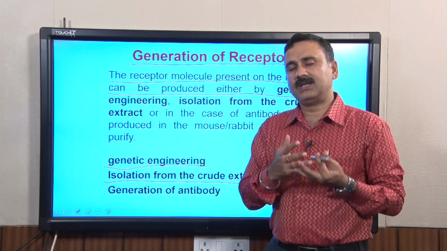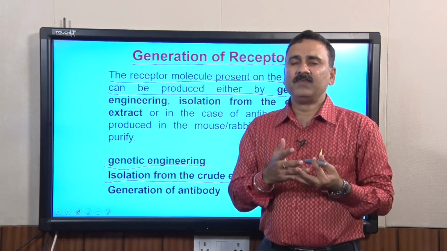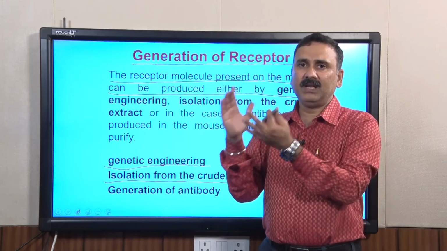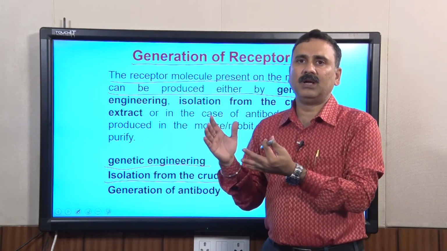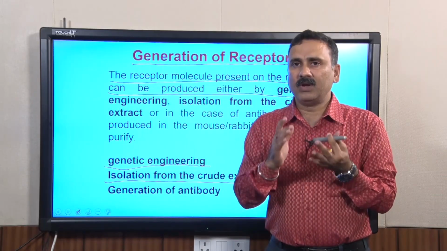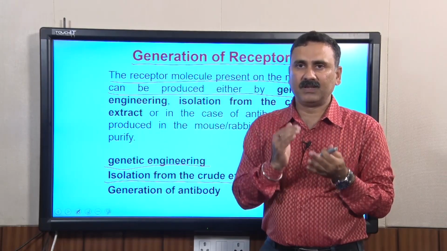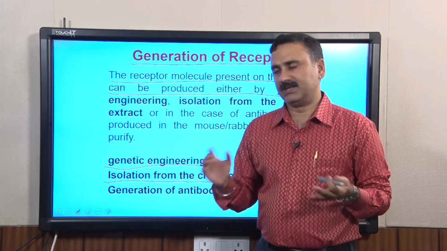That assay-based screening you have to perform to finally get the receptor in its purest form, which means you are going to get that particular receptor only, with no impurities present.